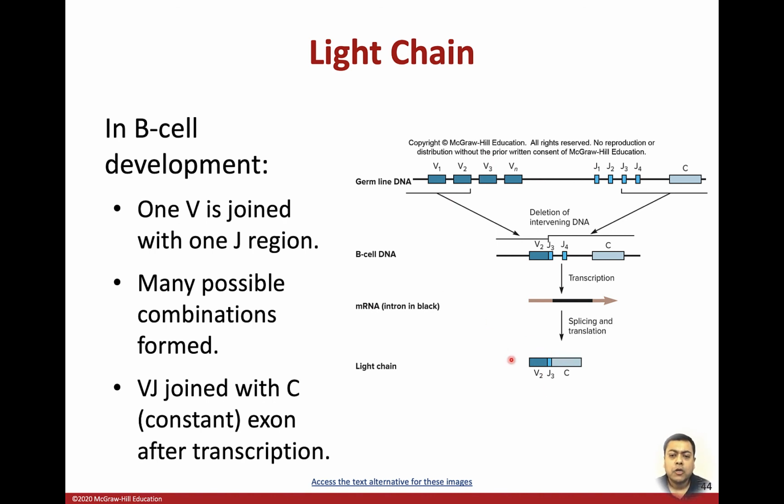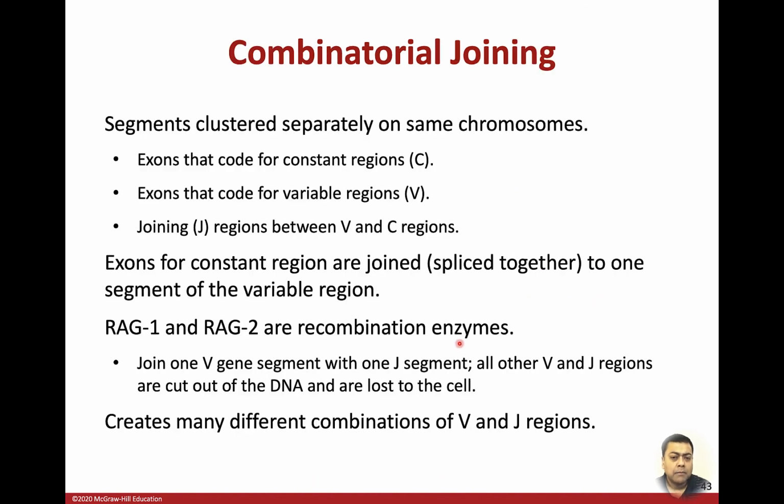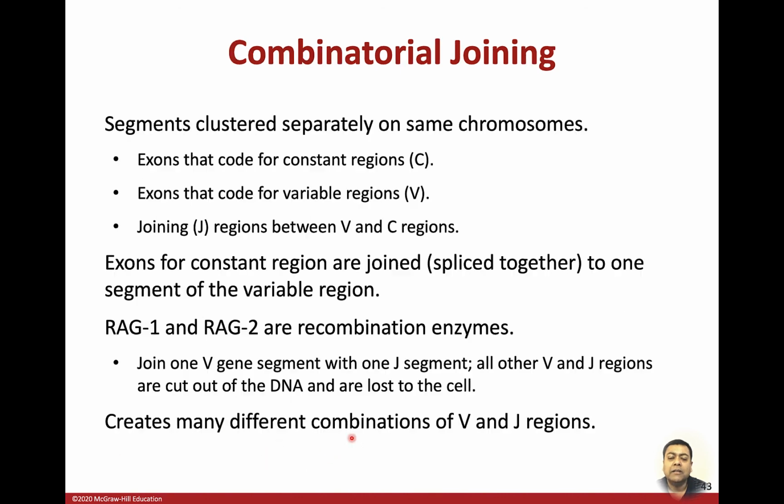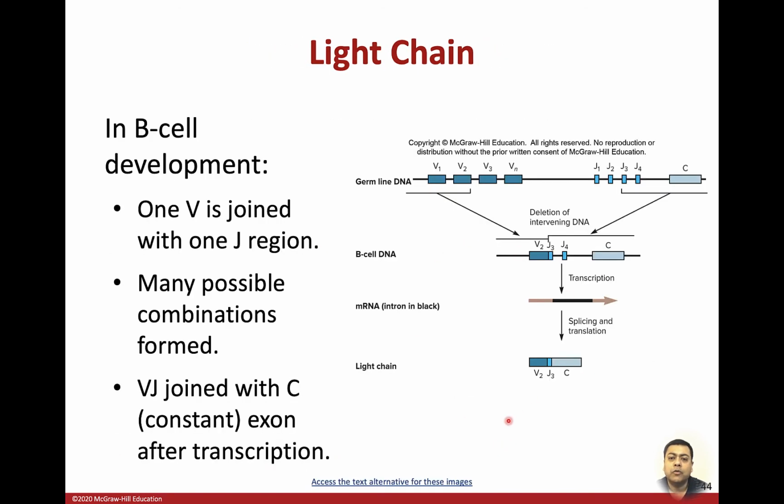But remember that not only the amino acid sequence of these differ, but along with that, you also have different codon generation, and also the splice site variability and somatic mutation can lead to all these different combinatorial joining.